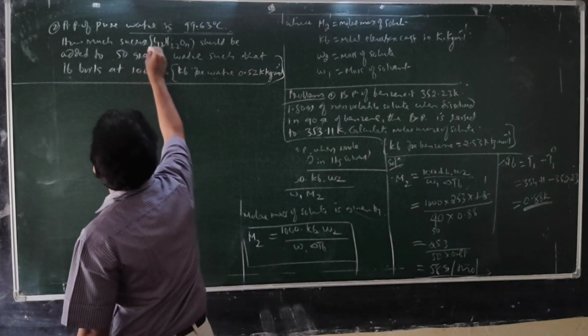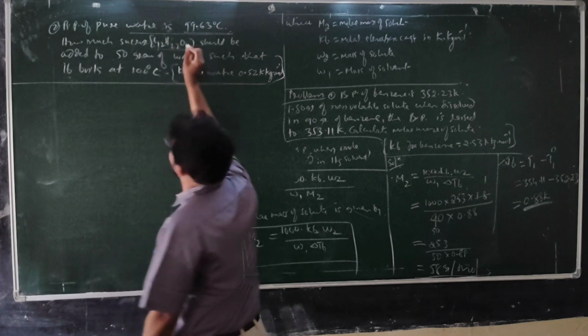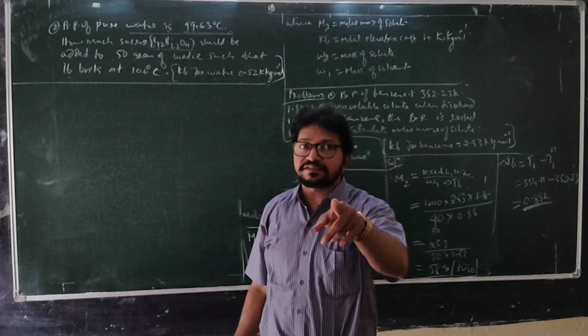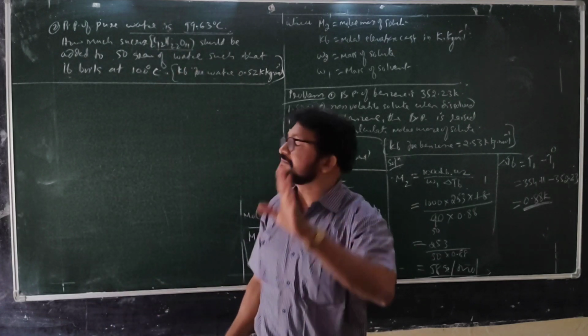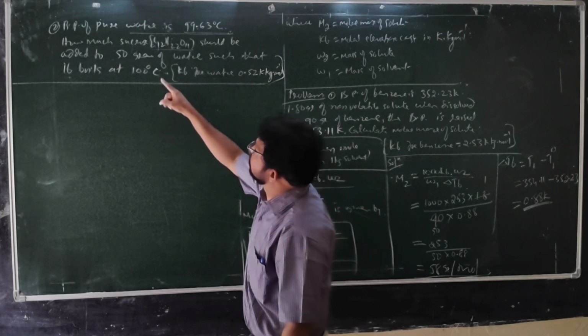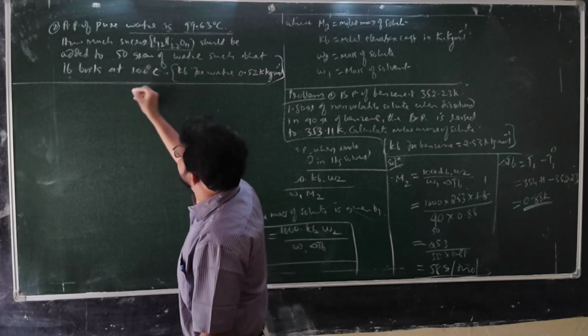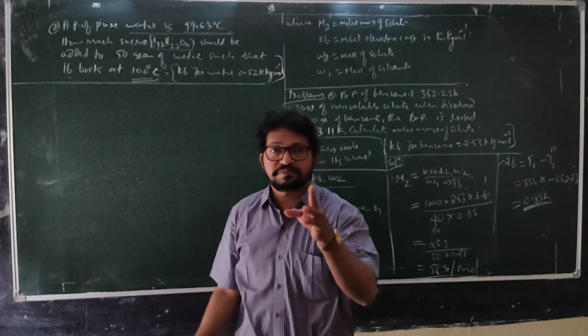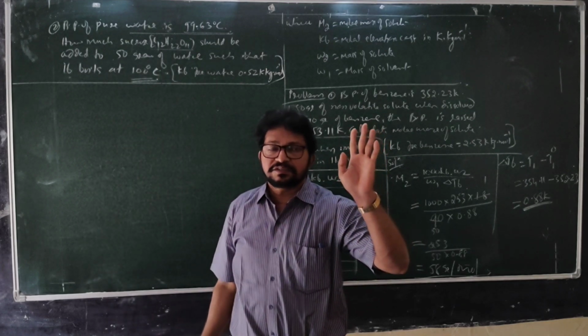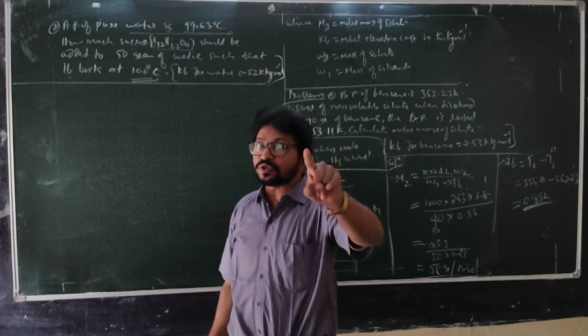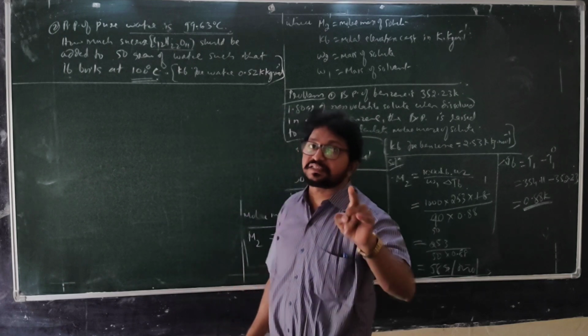How much sucrose, C12H22O11, molar mass you have to calculate, should be added to 50 gram of water such that it boils at 100 degrees Celsius plus 273? So how much sucrose solute, W2, is asked here, please remember.